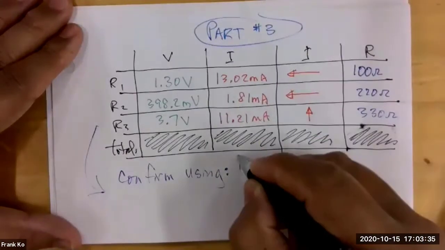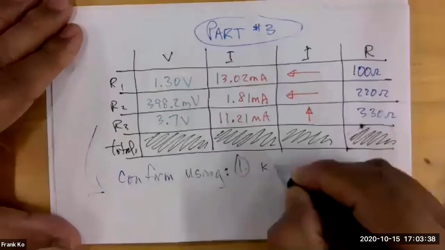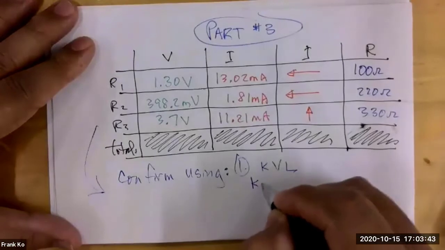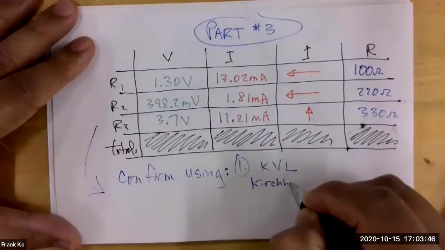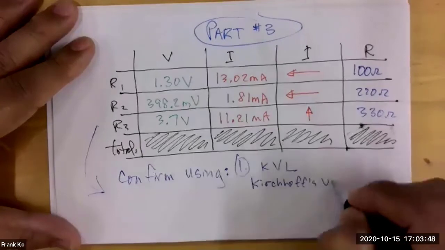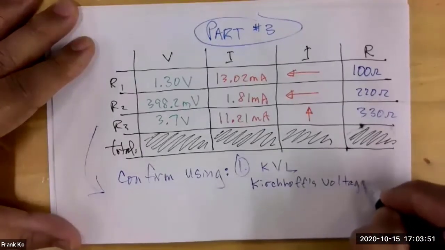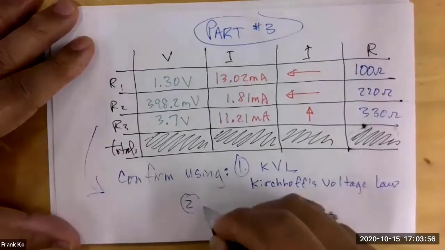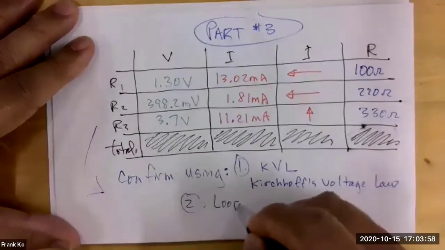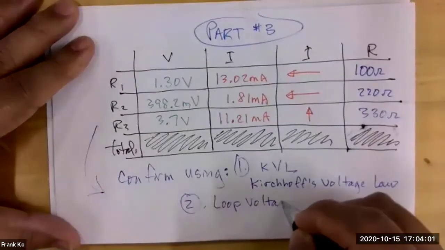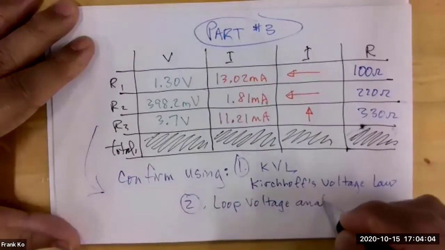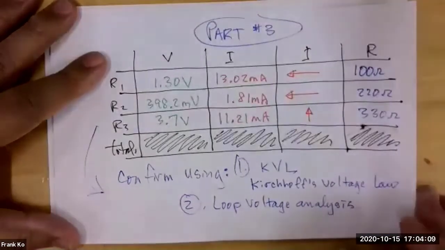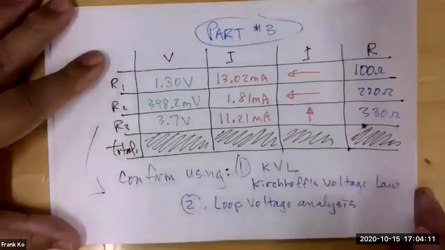One is going to be KVL, Kirchhoff's voltage law. And number two, we can also do loop voltage analysis. Okay.